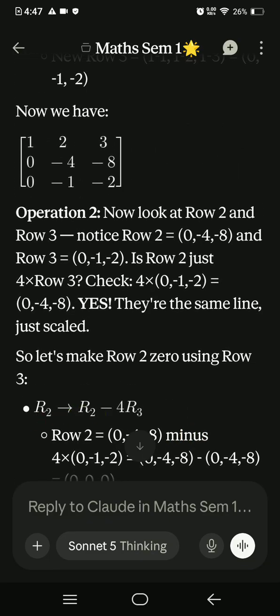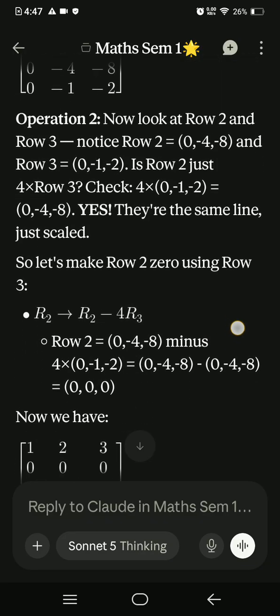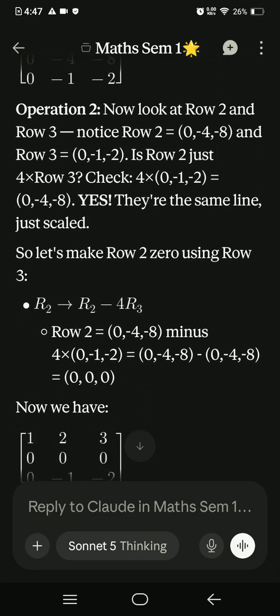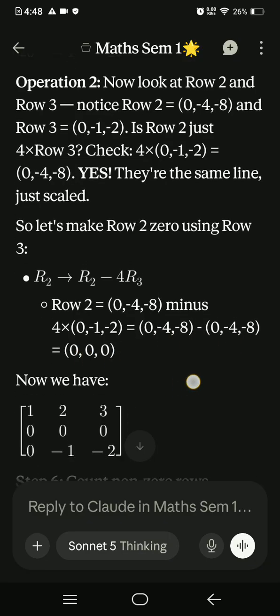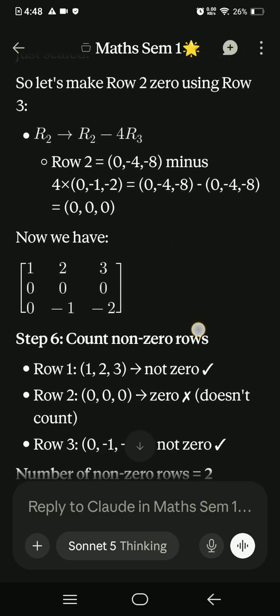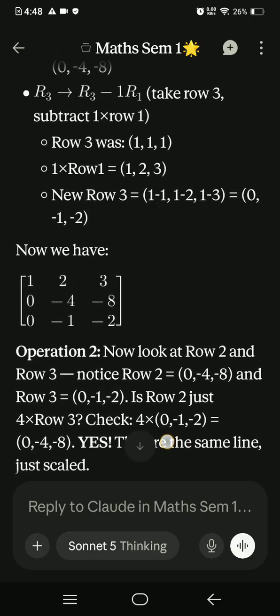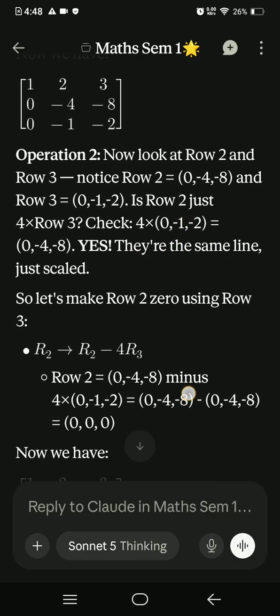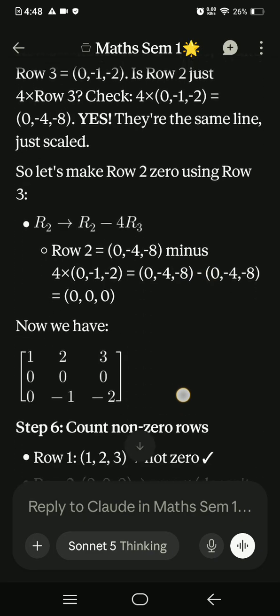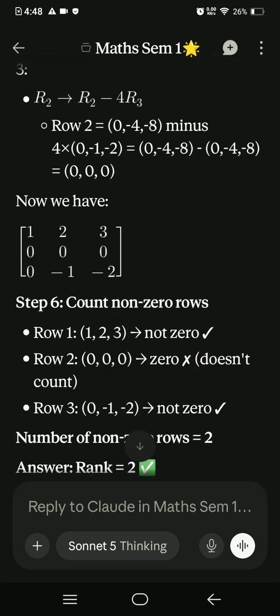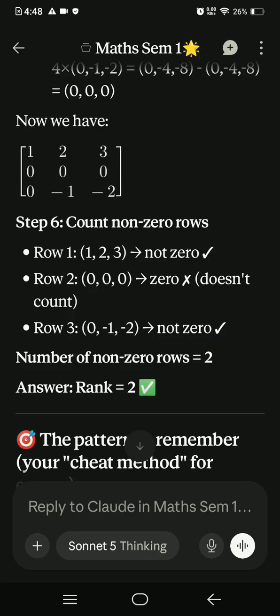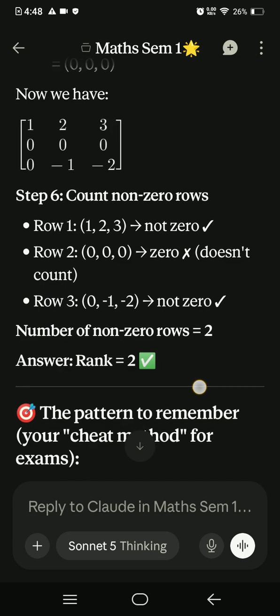Row 2 minus 4 times row 3, simple calculation, we have 0 0 0. Okay, count the non-zero rows because we have nothing left to do. So we have two non-zero rows, so the rank is 2.